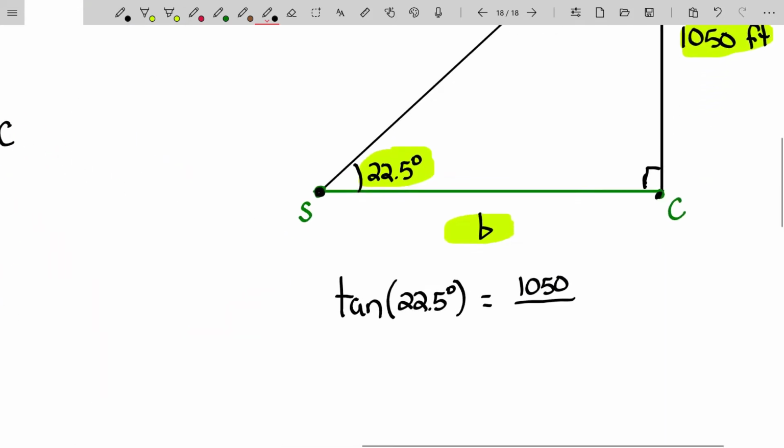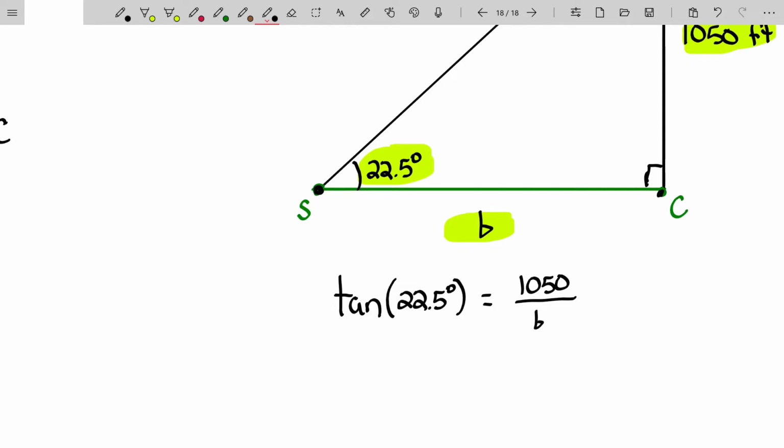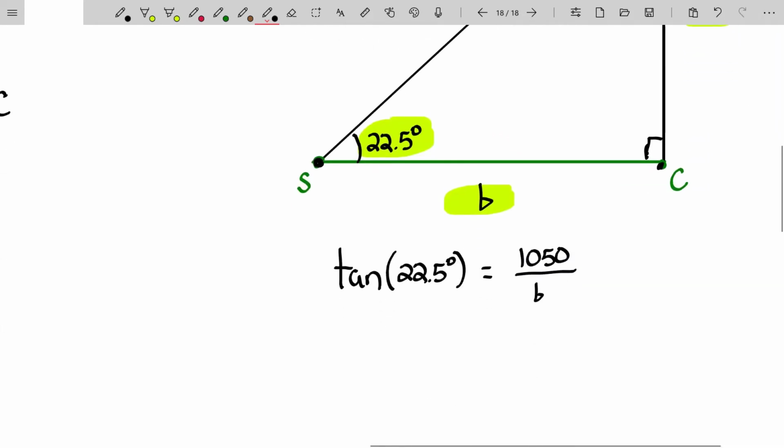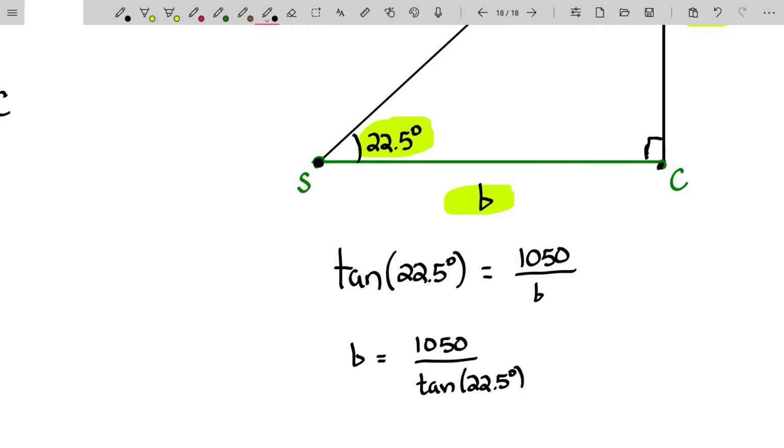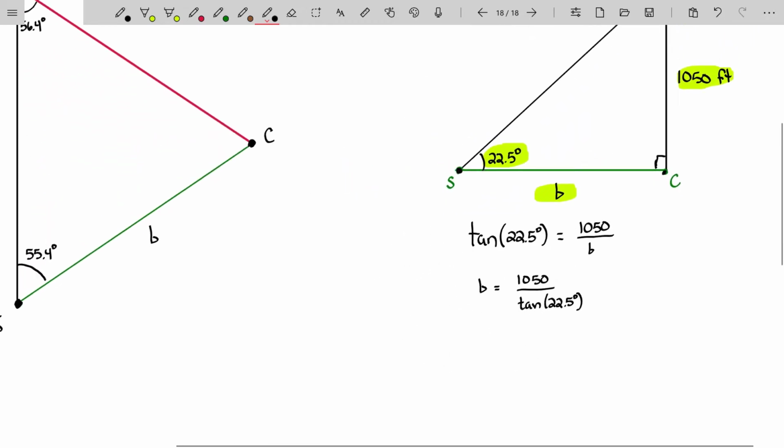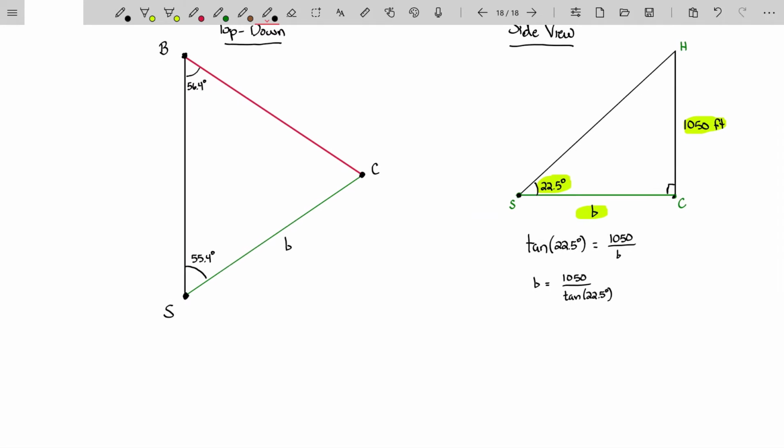So divided by side length B. I don't want to call that B up there. So therefore B is equal to 1050 divided by the tangent of 22.5 degrees. I am not going to grab a calculator because they didn't ask me what that side length is. Nobody wanted me to respond with, hey, that side length is whatever number it is.